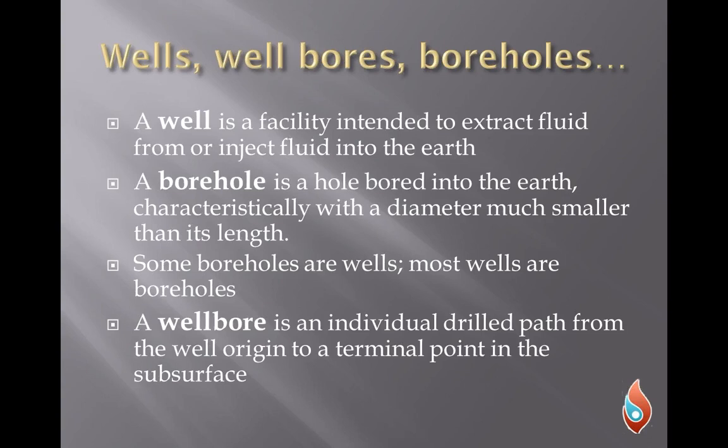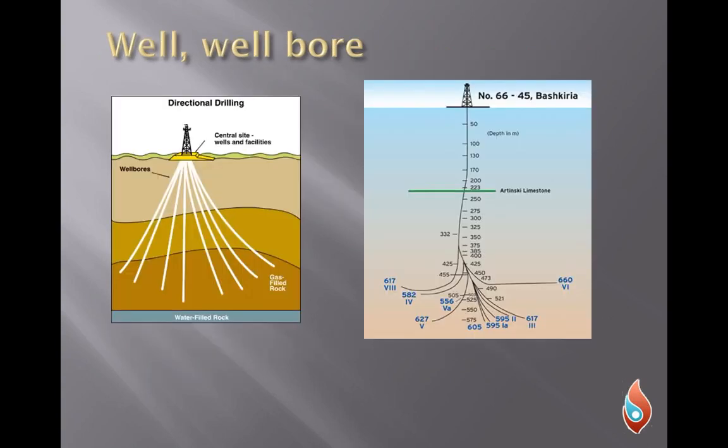Anyway, a well is basically a facility that's intended to extract fluid. A borehole is a hole that's been bored into the earth with a smaller diameter relative to its length. And a well bore is an individual path. Individual wells might have multiple well bores.